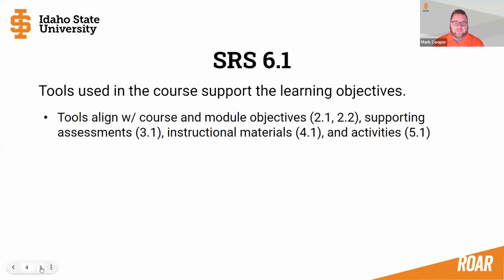So the tools align with the course and the course module objectives, which is Specific Review Standard 2.1 and 2.2, supporting the assessments, which is Specific Review Standard 3.1. Instructional materials, which is Specific Review Standard 4.1, and the learning activities, which is Specific Review Standards 5.1. And if you're interested in learning about those, you can view some of our other webinars in the Quality Matters rubric series.